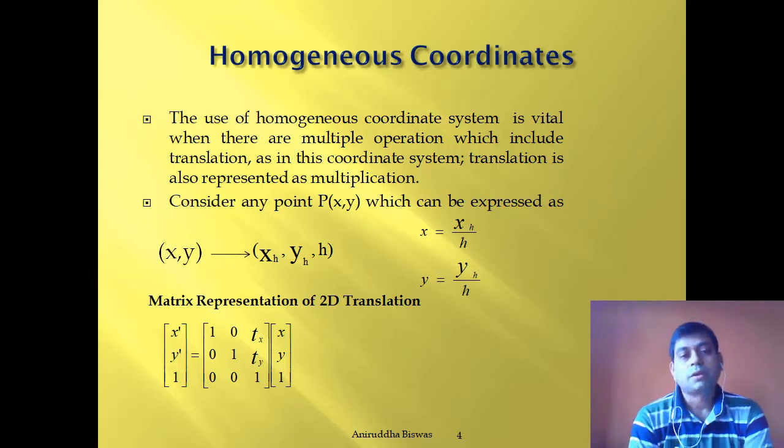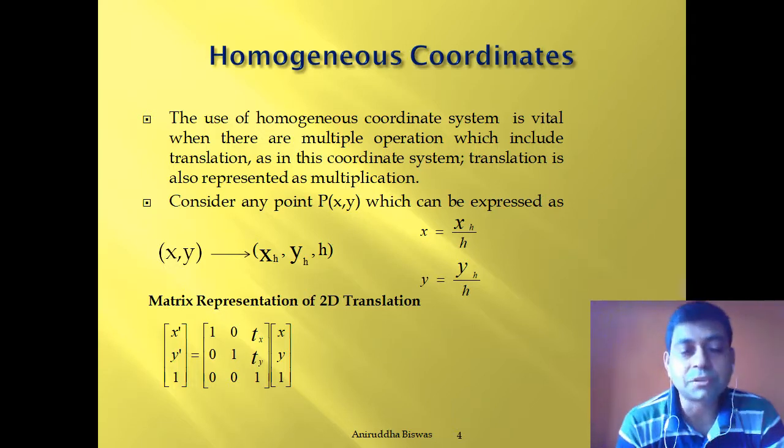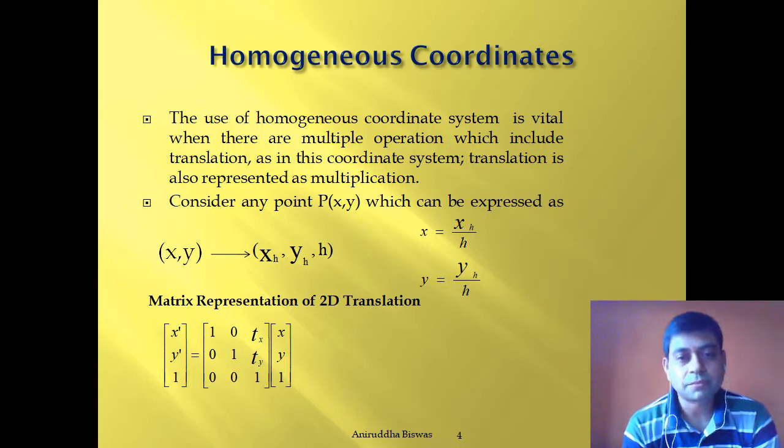So a 2D translation matrix can be represented in a matrix form which supports the multiplication factor. So how can we represent this? This is the way we can represent the translation as a multiplication factor.